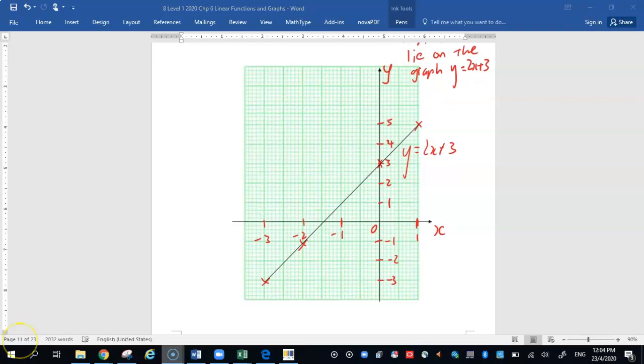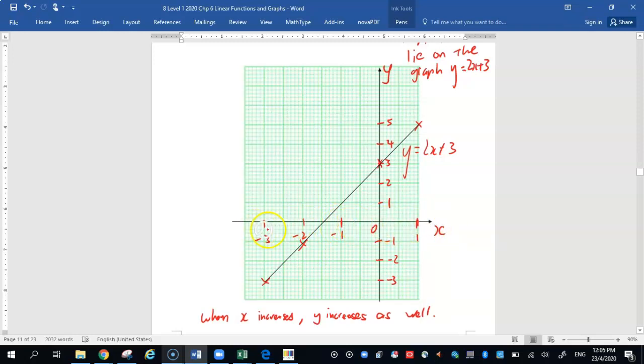For your final statement, you say that when x increases, y increases as well.